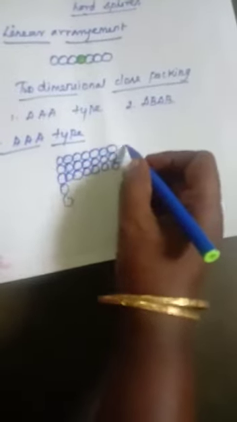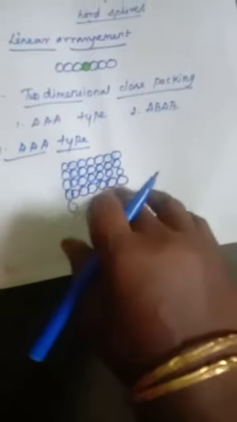This is the horizontal alignment, this is the vertical alignment of the spheres. So all spheres are arranged vertically and also horizontally.